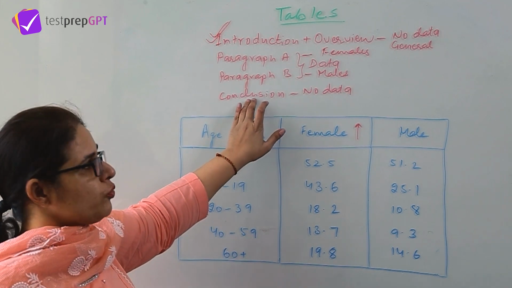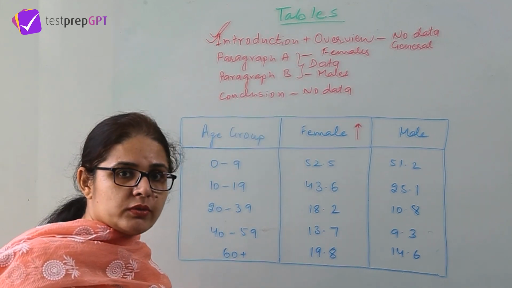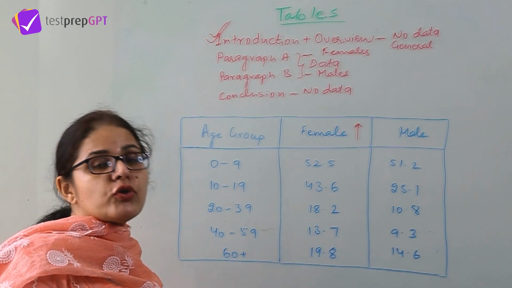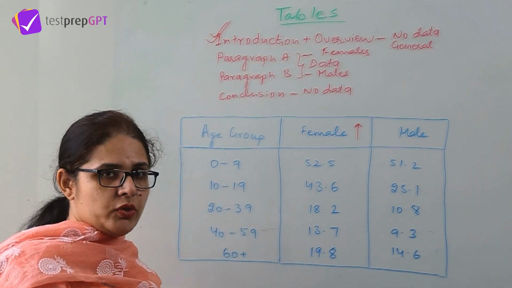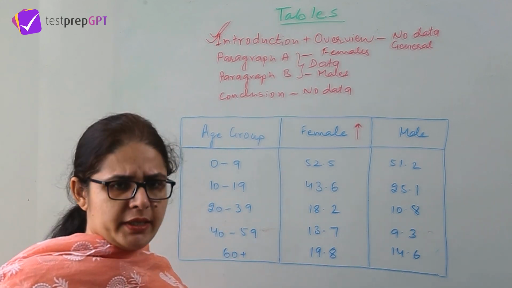Finally, we'll come to the conclusion. As I said, there is no data in the conclusion. Here, we're going to summarize our whole report. So it's kind of a reiteration of what you've already said.